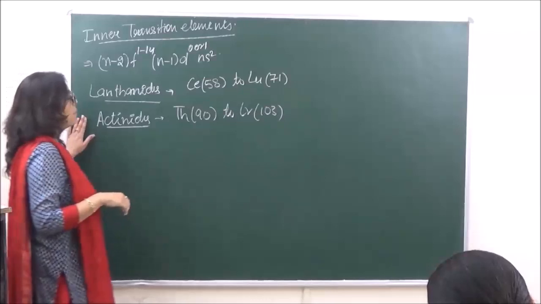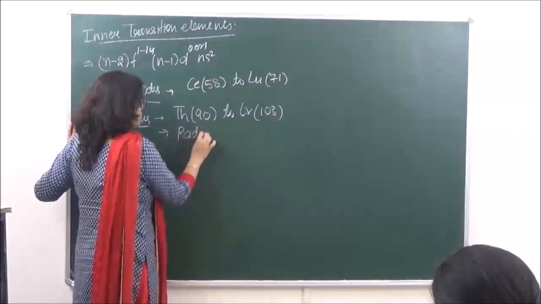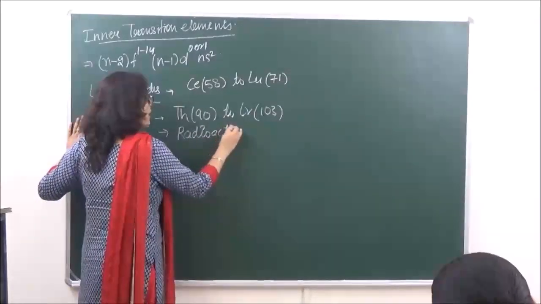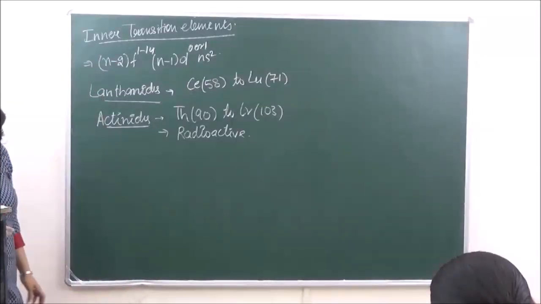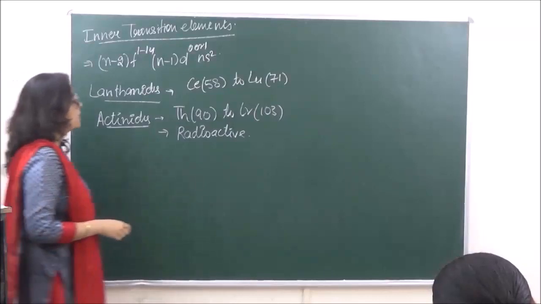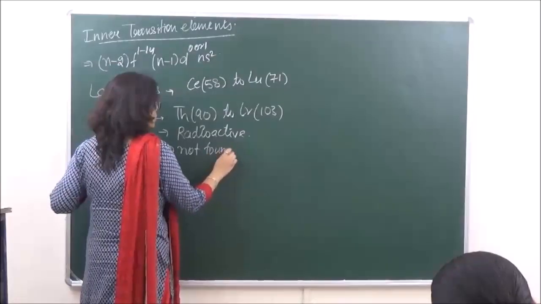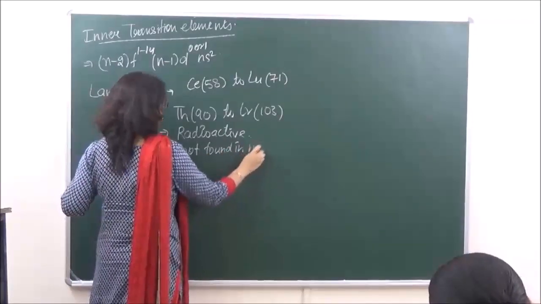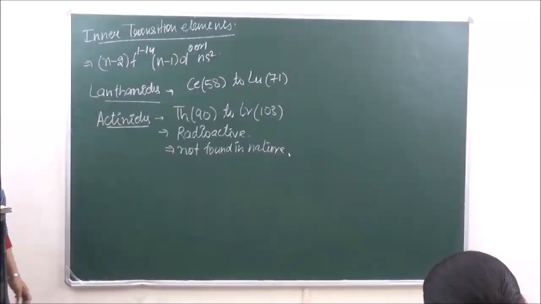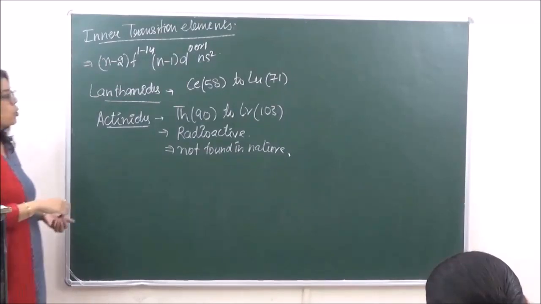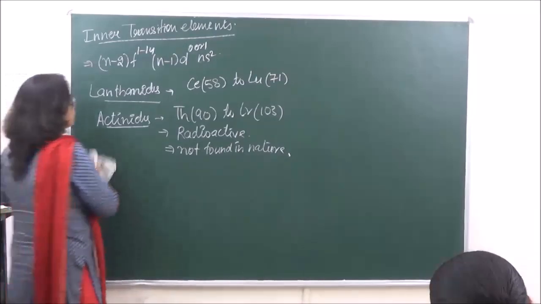Now mostly the members of the actinide series are radioactive in nature, and most of them are not found in nature. They are man-made. Now let's draw the periodic table first, and then we go on to the differentiating electronic configuration.